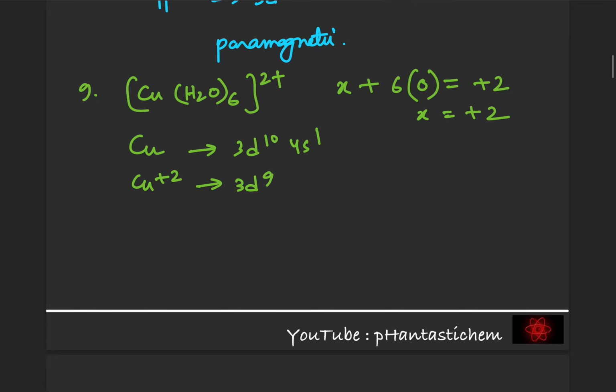Again, it does not matter whether the ligand is strong field or weak field, because there are 9 3d electrons. To represent this: 1 2 3 4 5 6 7 8 9. So it has one unpaired electron, therefore it is paramagnetic.